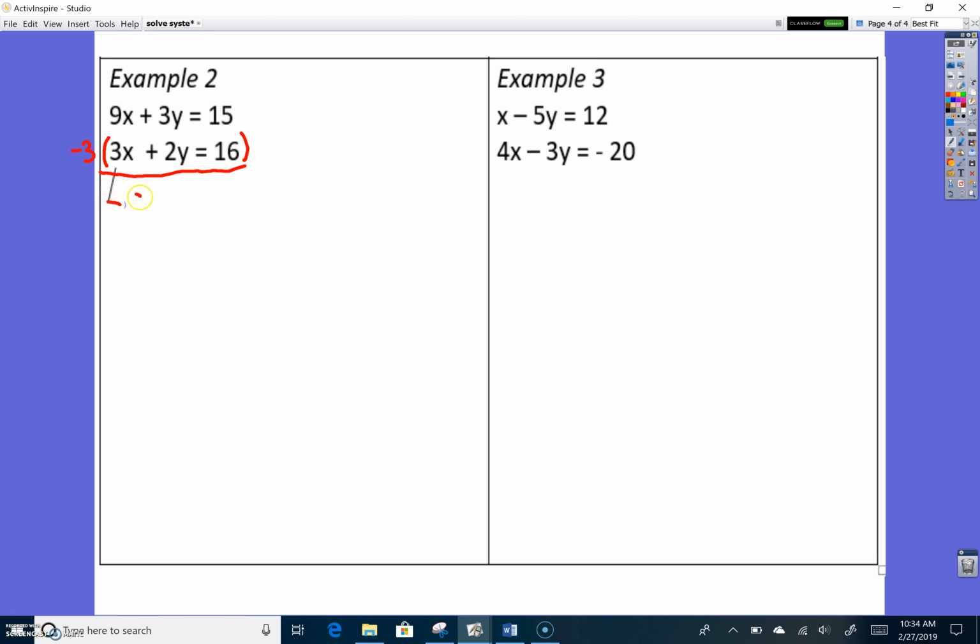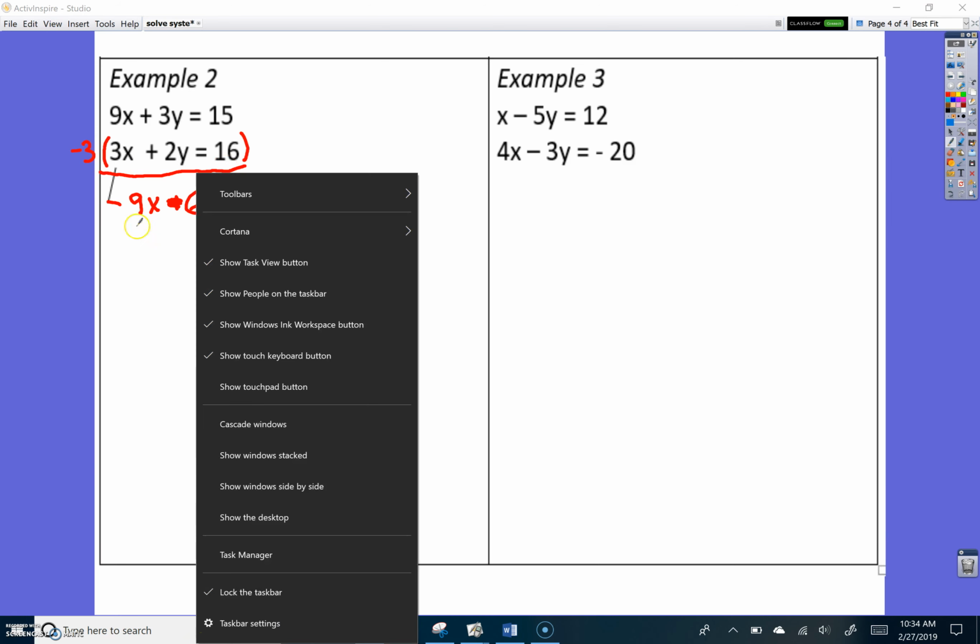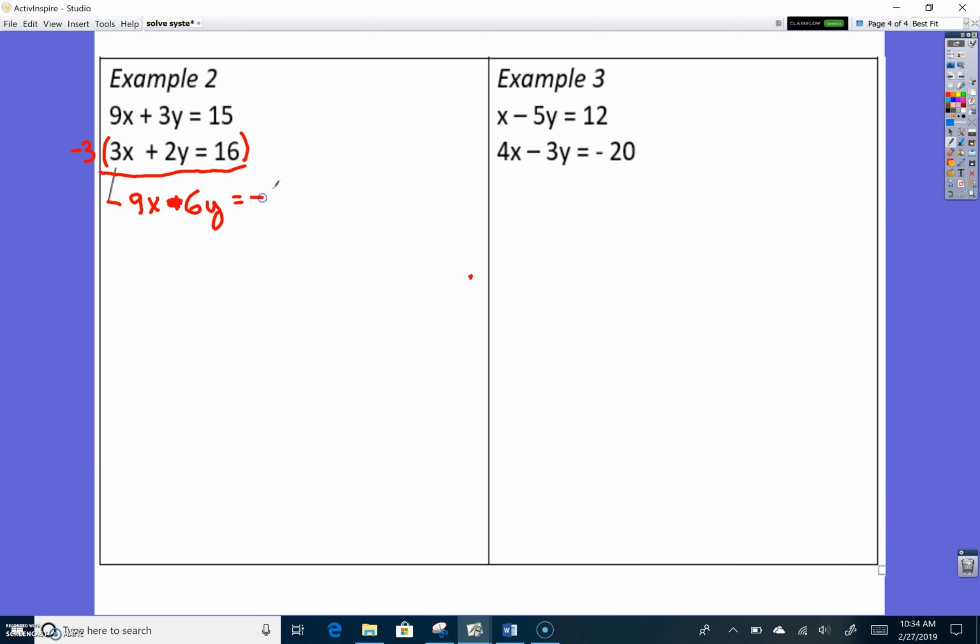So now I have negative 9x plus negative 3 times 2 is negative 6, so it's minus 6y equals negative 3 times 18 is negative 48. So I'm going to copy the top part down. 9x plus 3y equals 15.